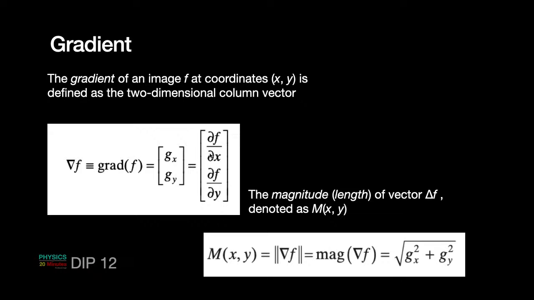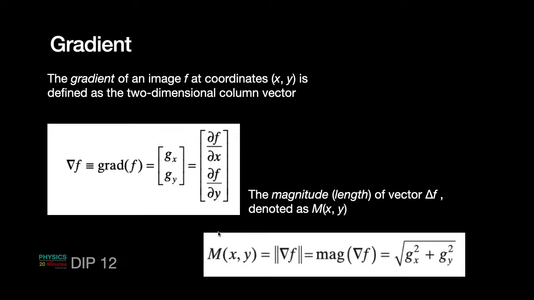So this will give you a 2-element matrix. At any point you can at least calculate 2 gradients, one along the horizontal, one along the vertical. You can actually calculate the cross gradients also, but right now I'm showing you only horizontal and vertical.